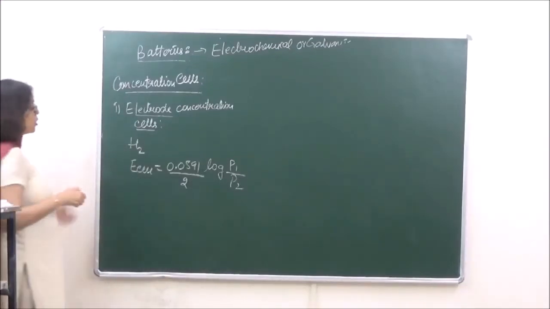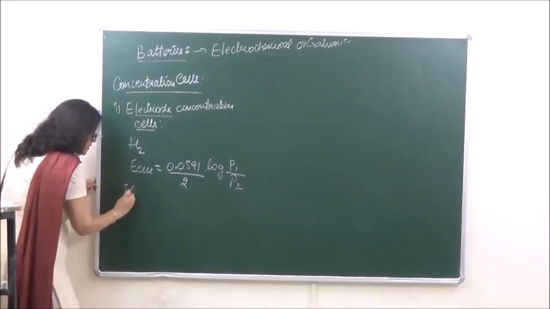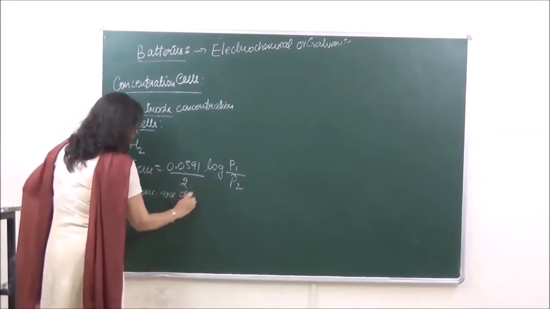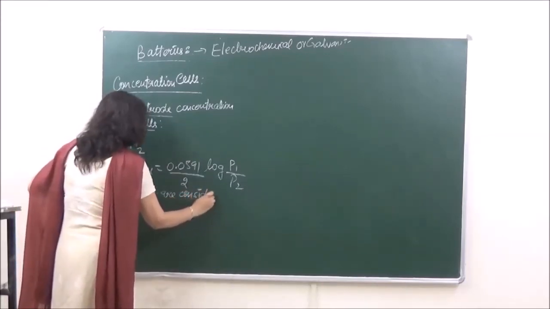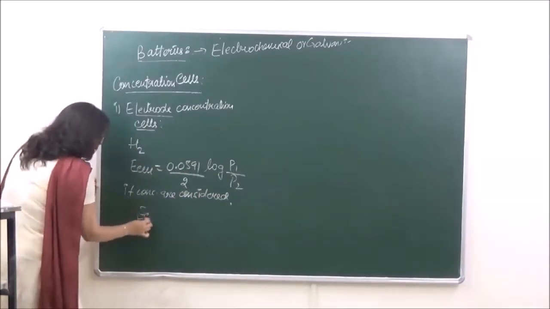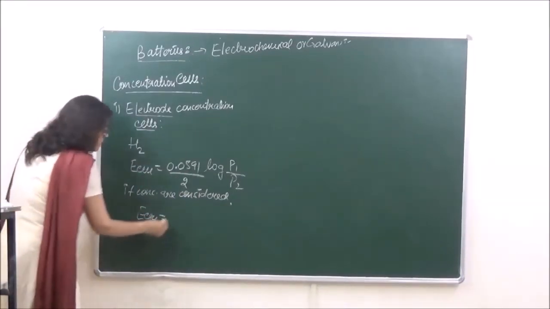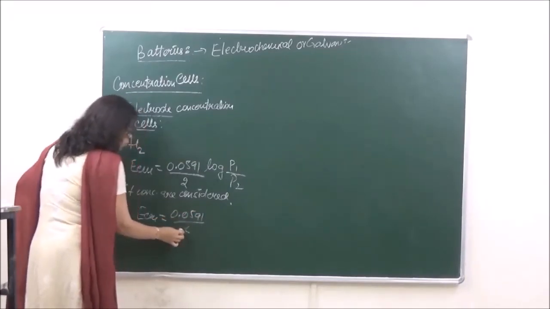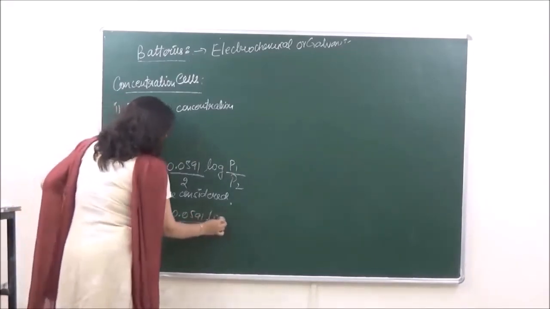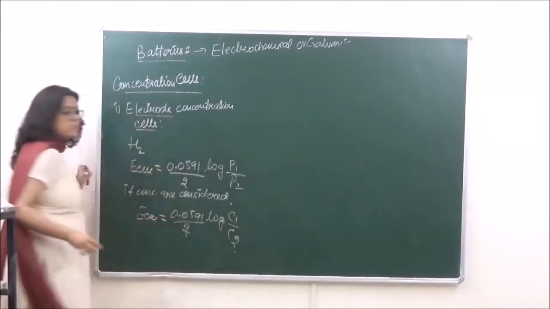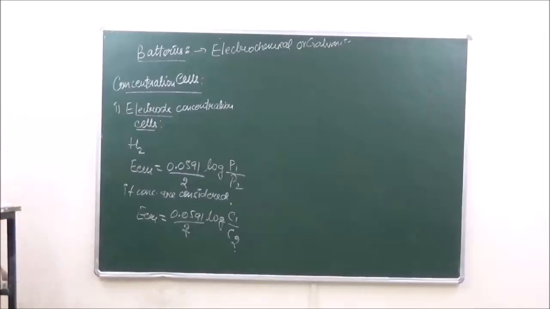If concentrations are considered, then in that case E cell will become equal to 0.059 upon 2 log of C1 upon C2.